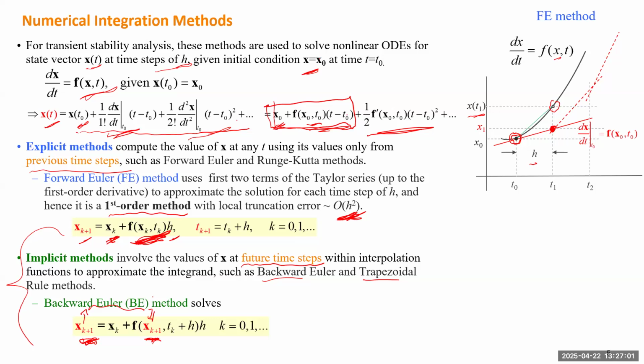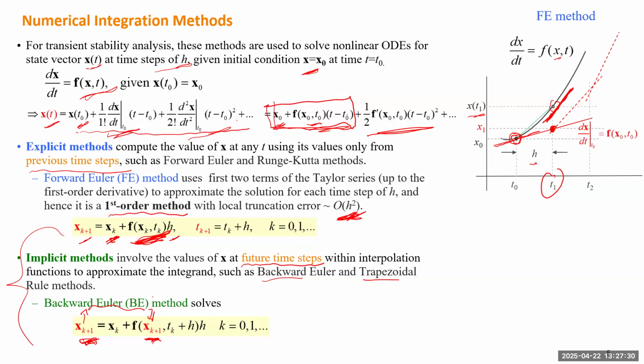So even though the formula looks as simple as the forward Euler method, the computation can be more complex. If we use that figure to illustrate how this method approximates that curve, at T1, instead of using the slope at the beginning point, it is going to utilize the slope at the ending point.